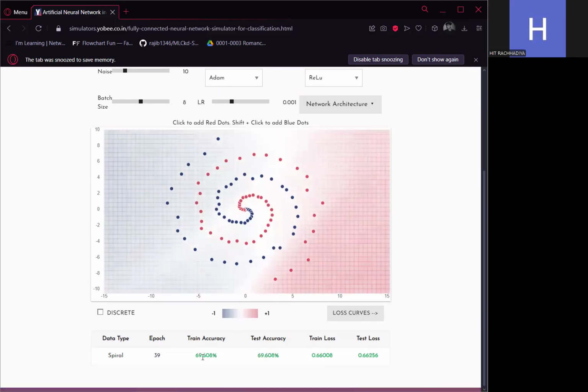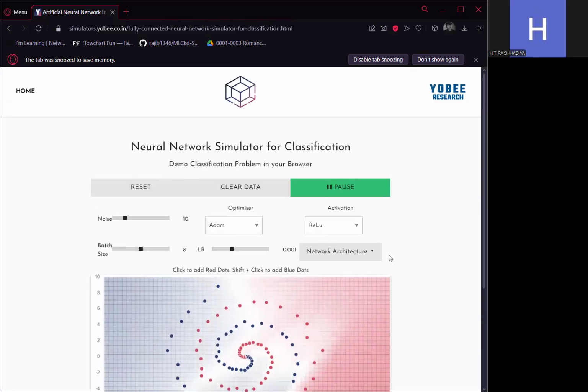You can see it gives only 60% accuracy on average. When the data set type is Gaussian, we get accuracy of around 90 something. So this is about the classification of ANN.